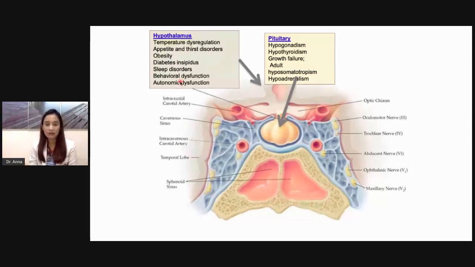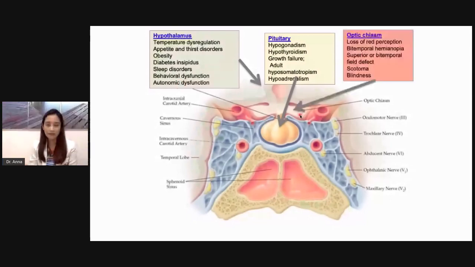If your tumor impinges on your optic chiasm specifically, you can have loss of red perception, bitemporal hemianopsia, and other visual field loss.